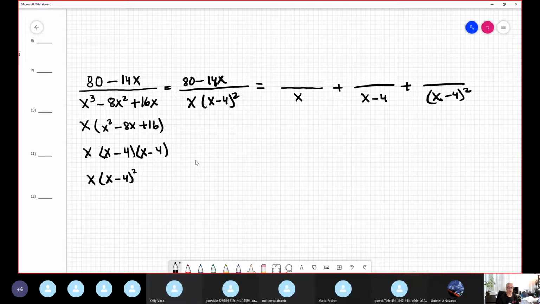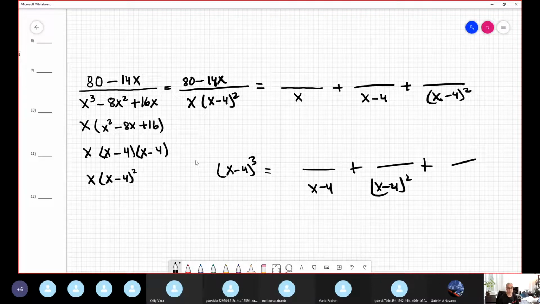Suppose we have x minus 4 to the third power. Then in the partial fraction decomposition you would have x minus 4 to the first, to the second, and to the third. In this case, only to the second, so it's to the 1 and to the second. This is the format of the partial fraction decomposition.